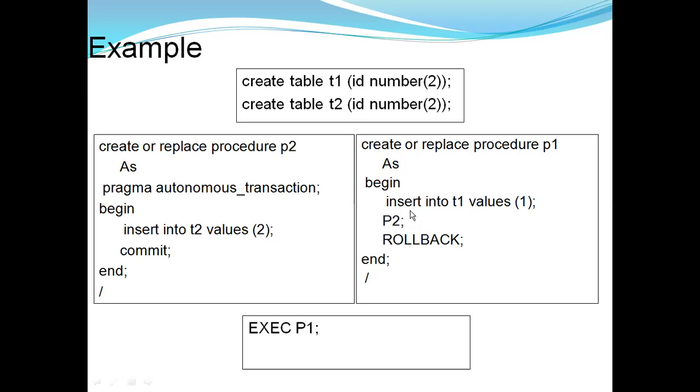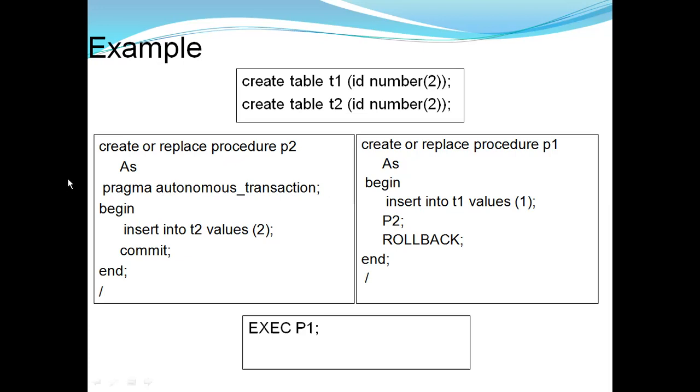Now what have we written in the P2? Let's check that. Here, create or replace procedure P2 as pragma autonomous transaction. So can we say that we have made this a special procedure with a pragma, which is having a pragma autonomous transaction?